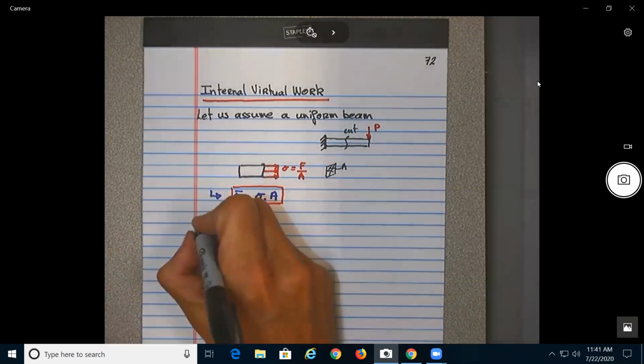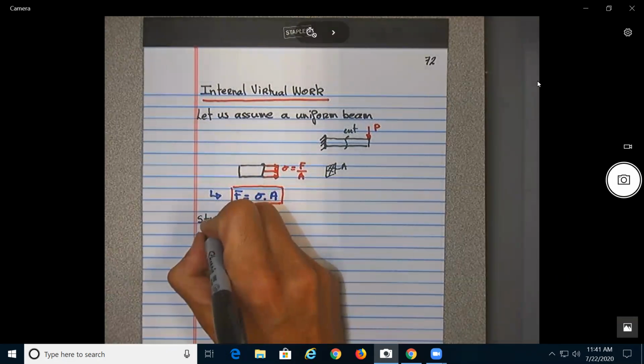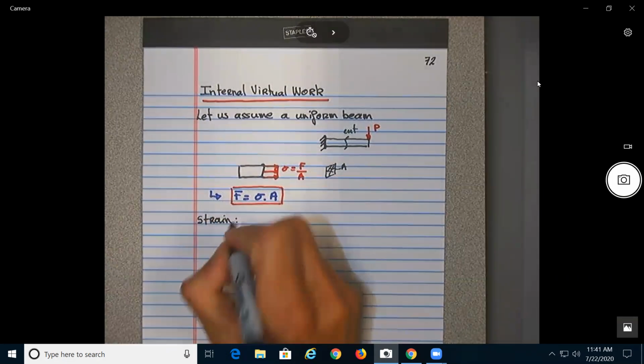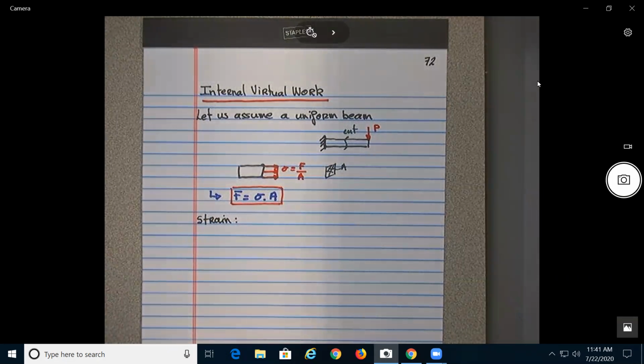Okay, similarly, if I define the strain, what is the strain?